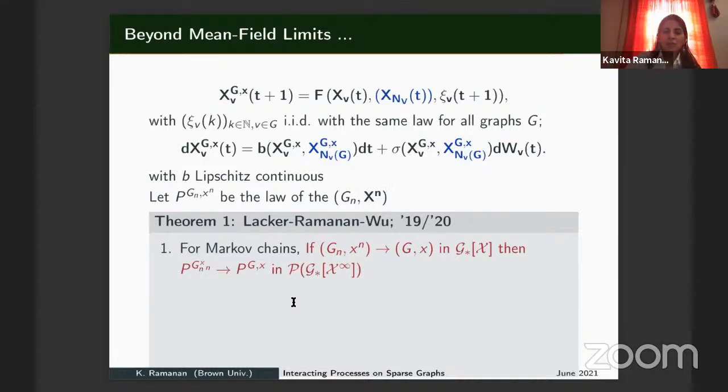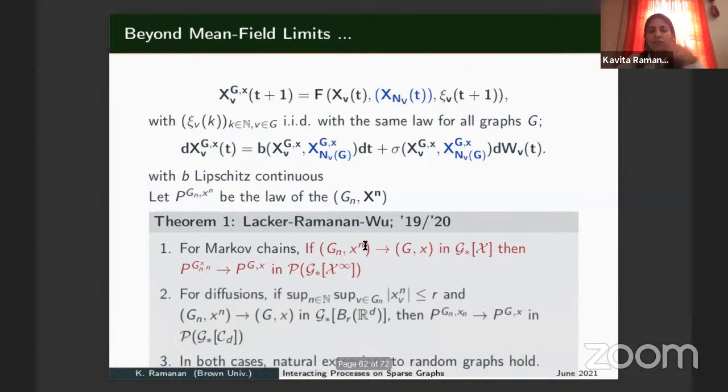Okay. So for Markov chains, you don't have to unwrap the notation if you don't want, but the essential idea is that if the graphs marked with the initial conditions converge locally to this limit marked graph G, X, then the associated law of the dynamics also converges locally.